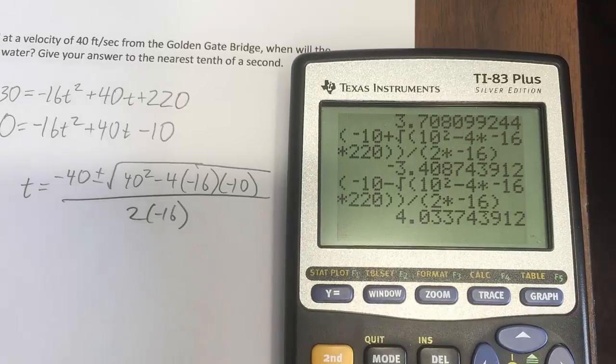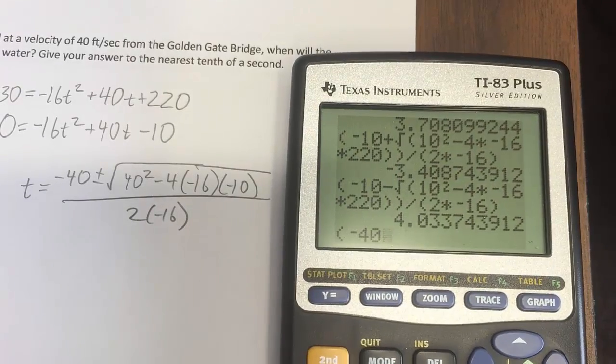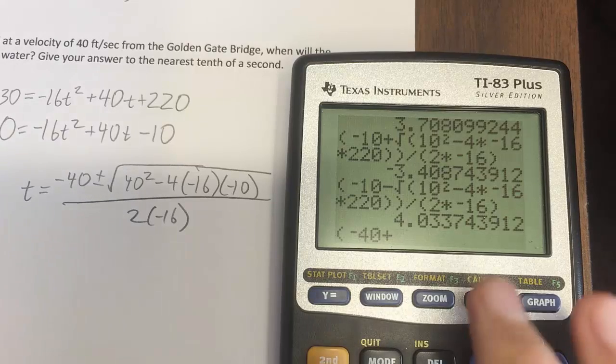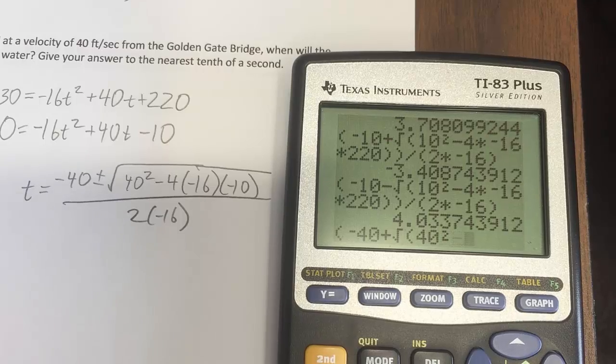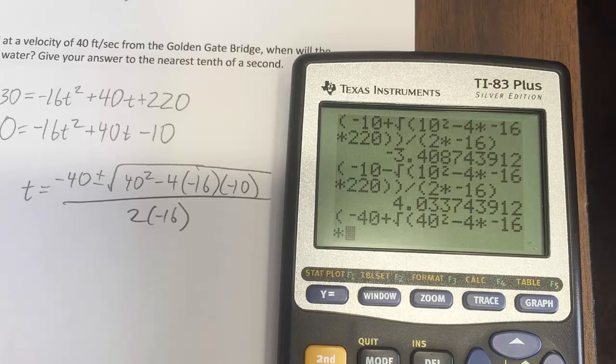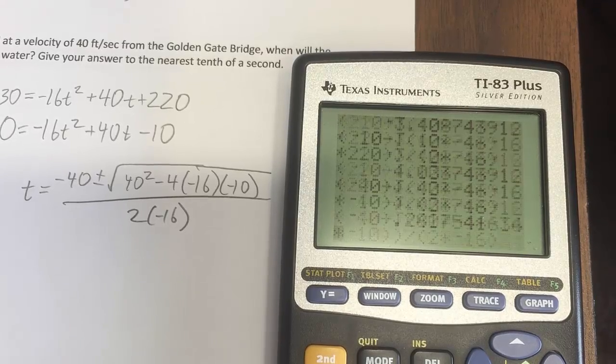We're going to have -40 plus the square root of 40 squared minus 4 times -16 times -10 divided by 2 times -16.